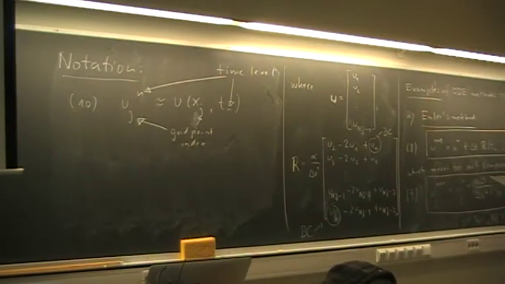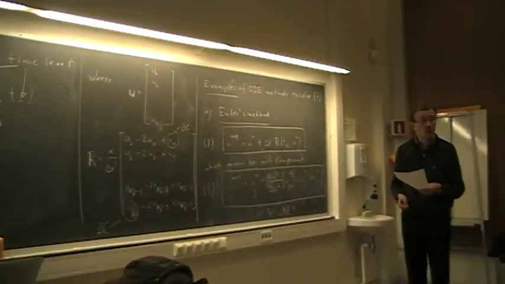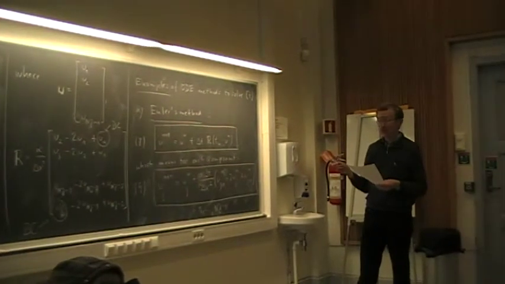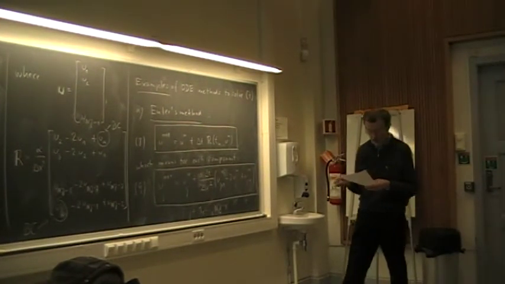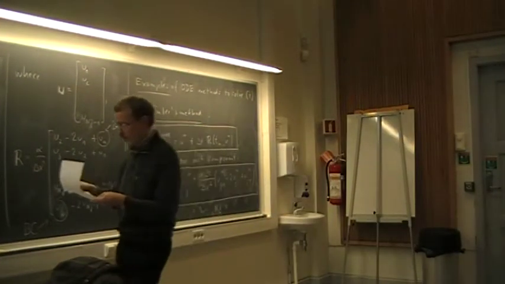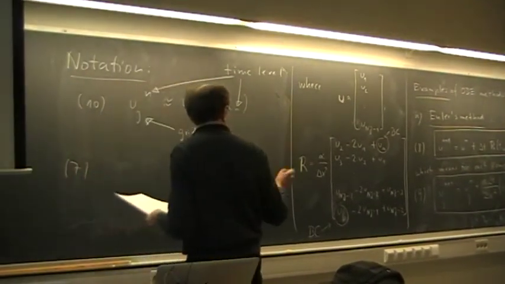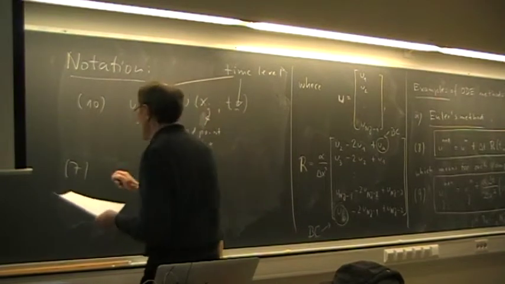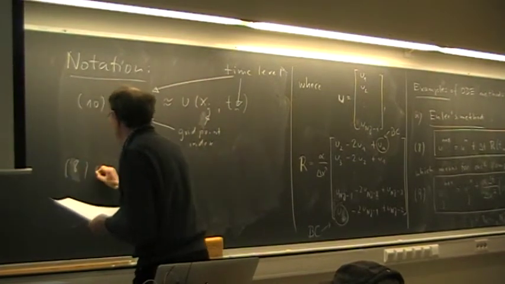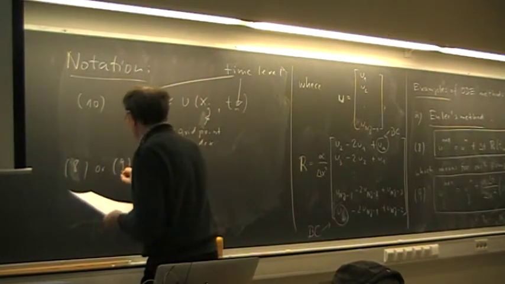And this method has also another name. It's also called forward time central space. So the method that we have here, equations 8 and 9, is the same thing.